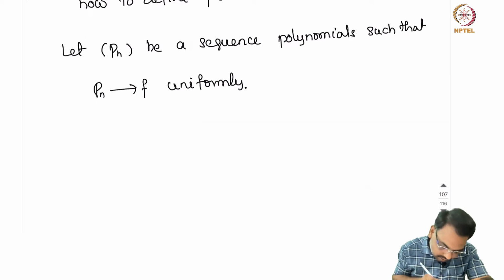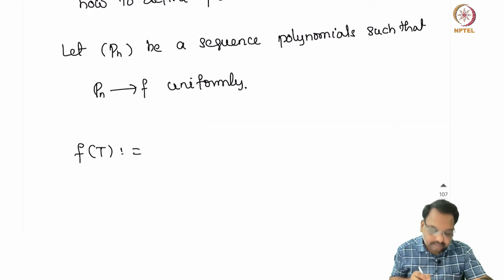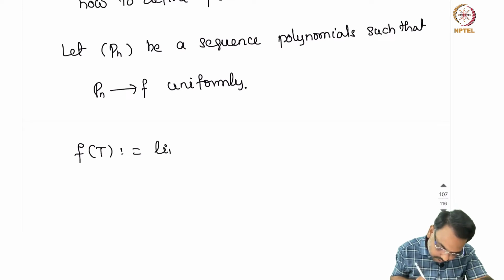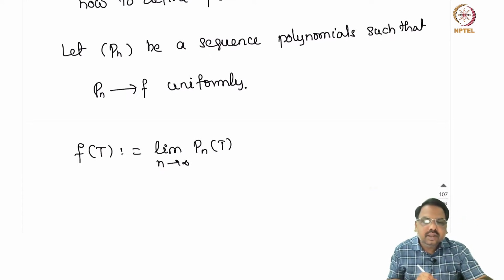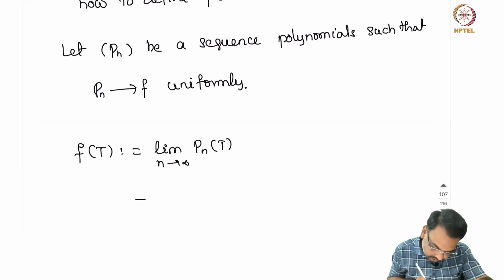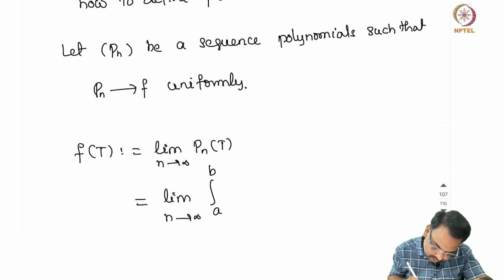Then we can define f of T as the limit as n tends to infinity of Pn of T. But we know that Pn of T is nothing but the limit as n tends to infinity of the integral from a to b of Pn lambda dE lambda.